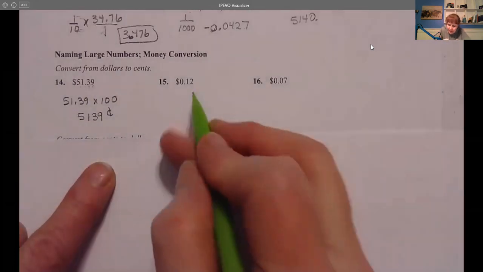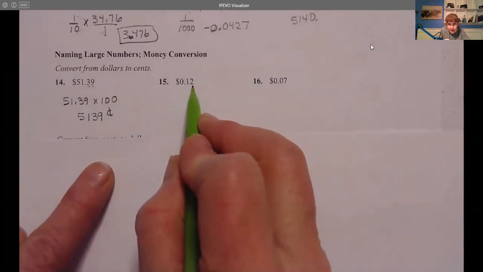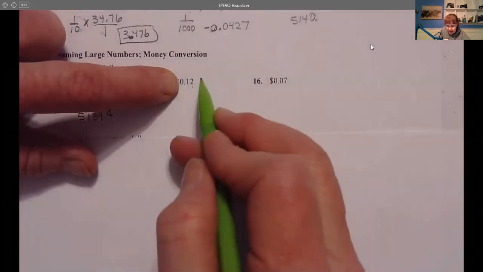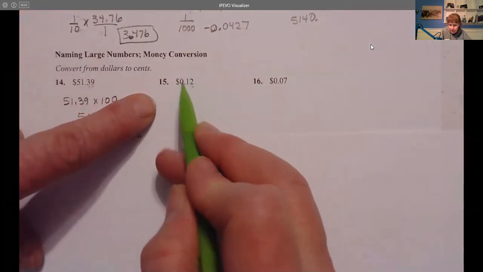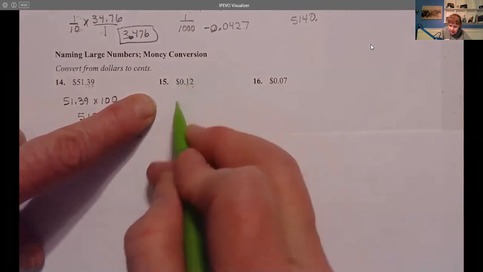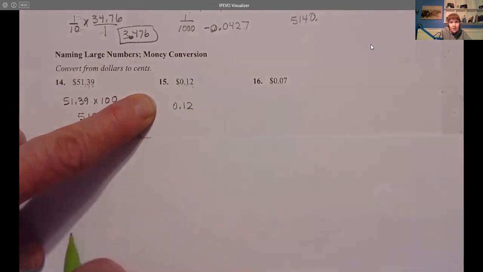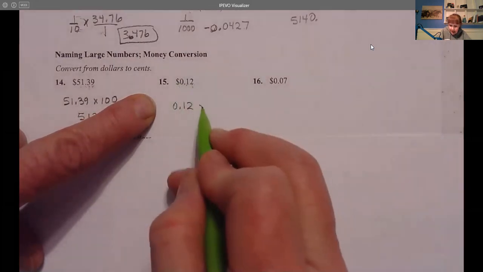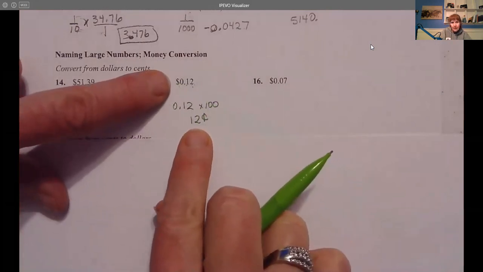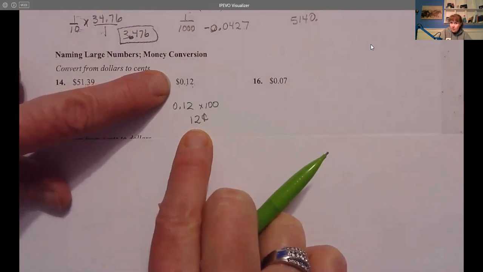So if I have, all right, this right here means 12 cents. And I've seen people put a cent sign here, 0.12 cents, which is not correct. This means 12 cents. Okay, if you have the 0.12, it's in dollars, but we read it 12 cents. So we're going to take 0.12, which is in a dollar now, it's a dollar sign, times 100, 12 cents. So these two mean the same thing. 0.12 with a dollar sign is the same as 12 cents.